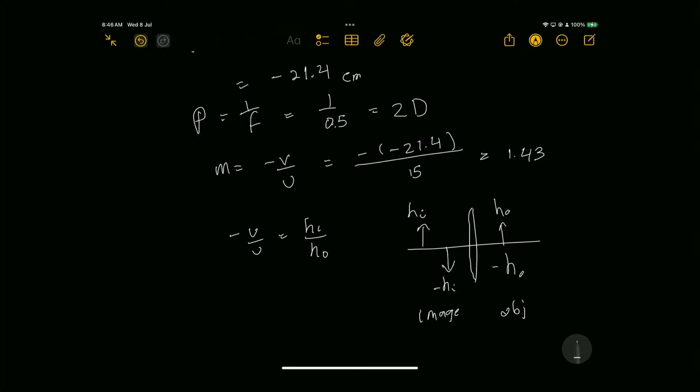Right, now also in accommodation there is a limit to how close that we can view images, right? So when you are very young and your ciliary muscles are very strong, you can view objects very, very close to the eye, maybe less than 5 centimeters to your eye, right?